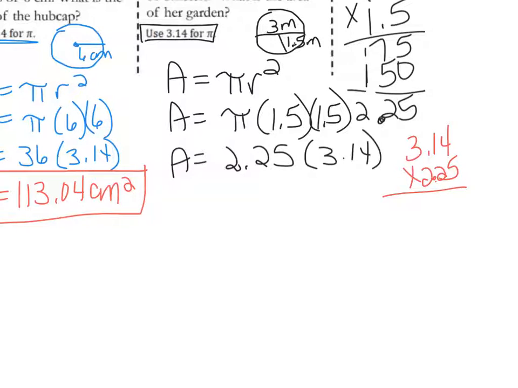So 5 times 4, 20, 5 times 1 plus 2, 7, 5 times 3, 15, add a 0. 2 times 4, 8, 2 times 1, 2, 2 times 3, add 2 zeros, 2 times 4, 2 times 1, and 2 times 3.